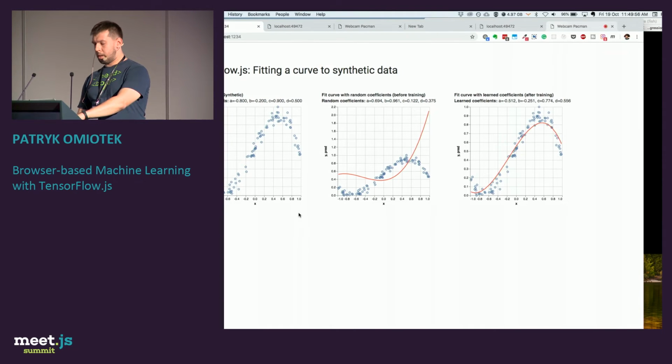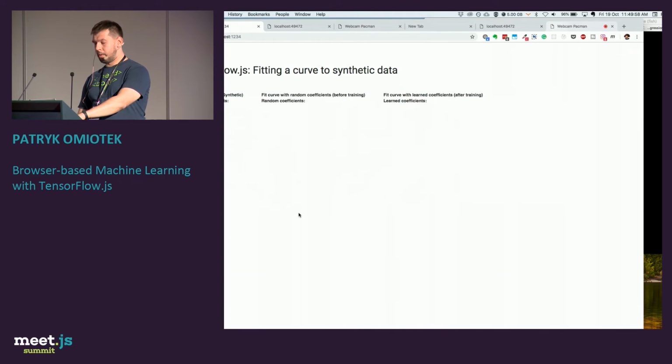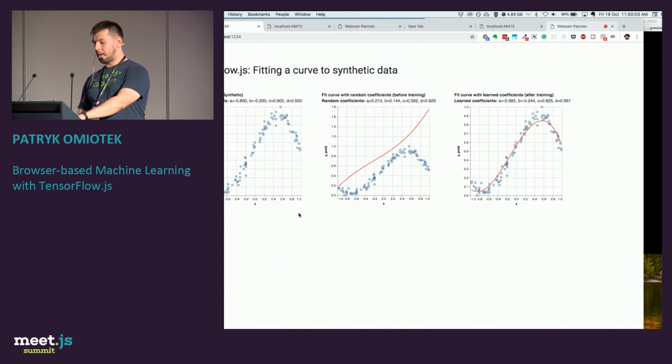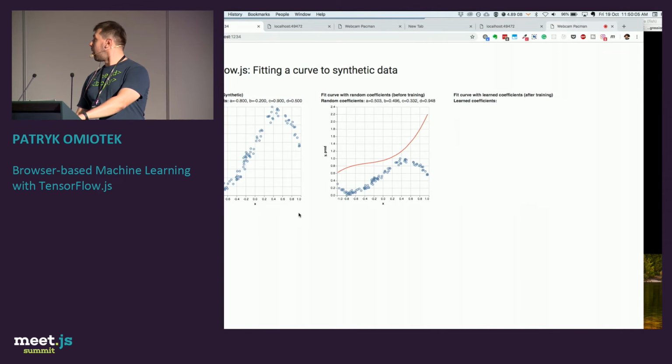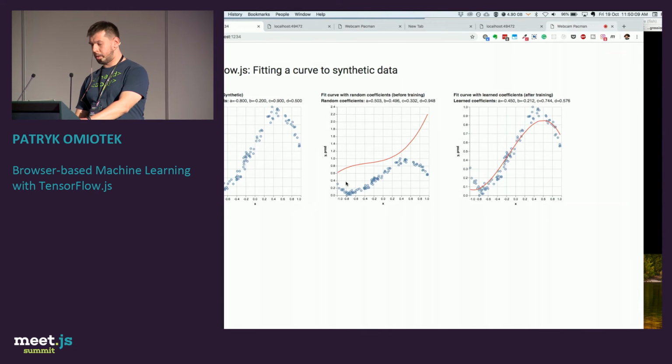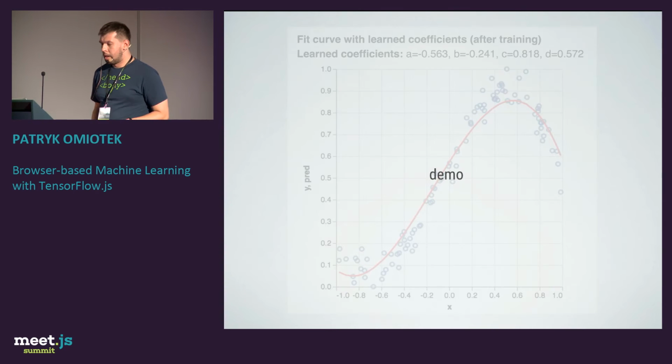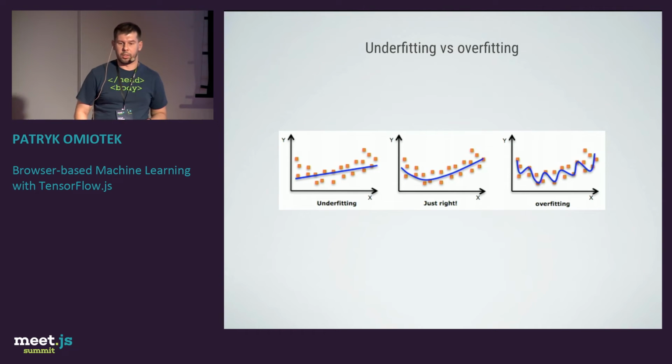We have our data set, we have randomly chosen values, so each time we have another function, and our model is learning and looking for the best fit. So you know how to create regression.